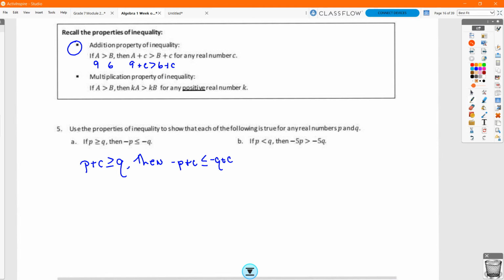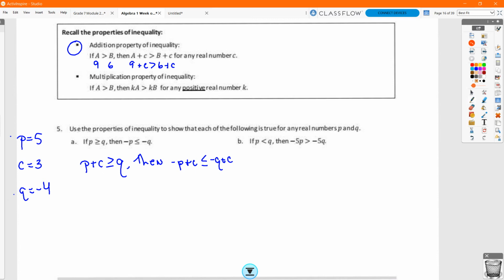Well, we need values. So let's say that P equals 5, C equals 3, and Q equals a negative 4, because P is greater than Q, so the value P has to be greater than the value Q.